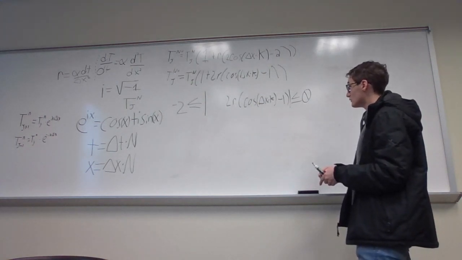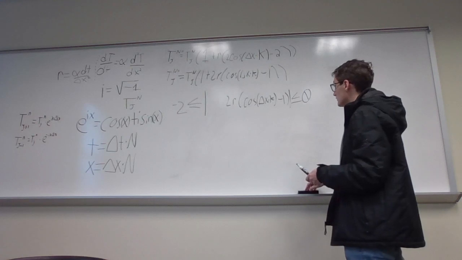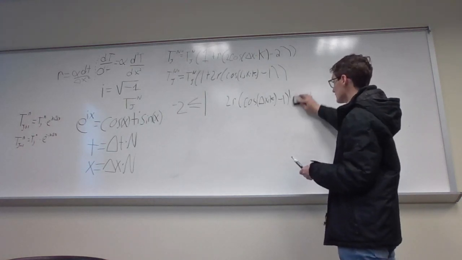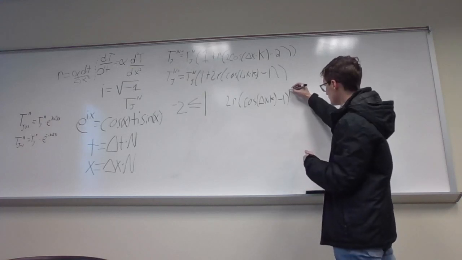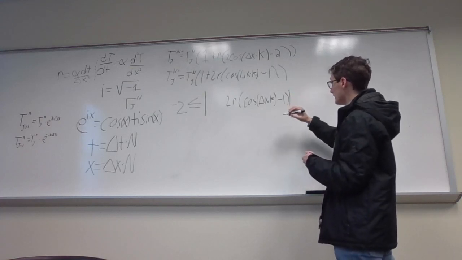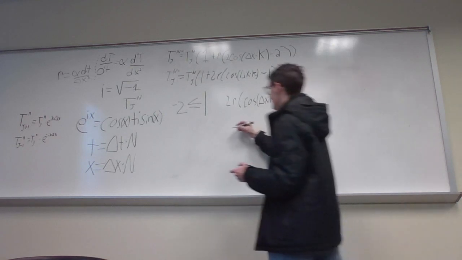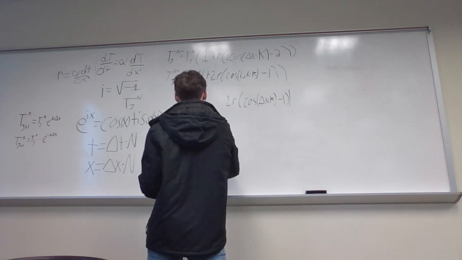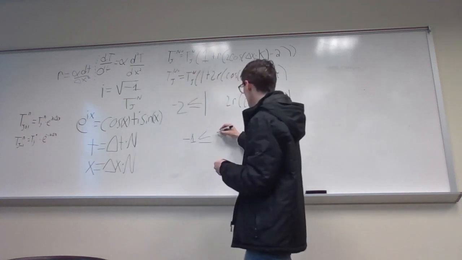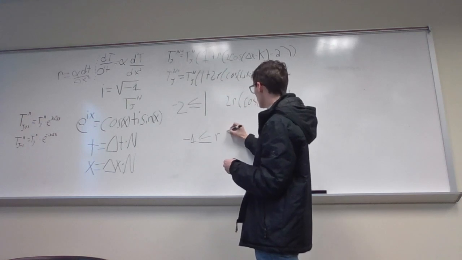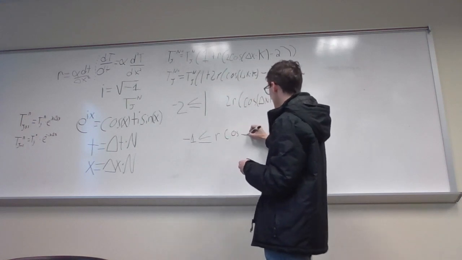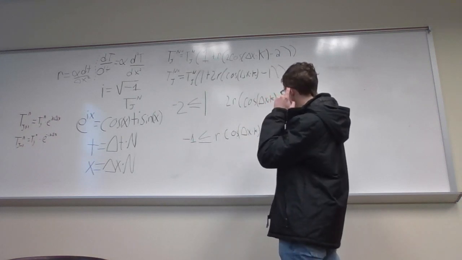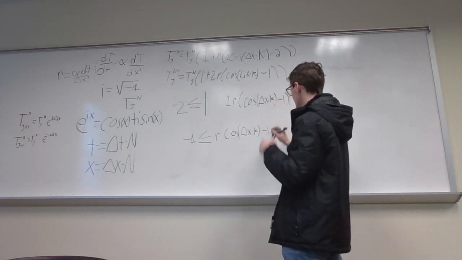So we get rid of this term, and we can divide across by 2. We end up getting negative 1 is less than or equal to r cosine(Δx k) minus 1.